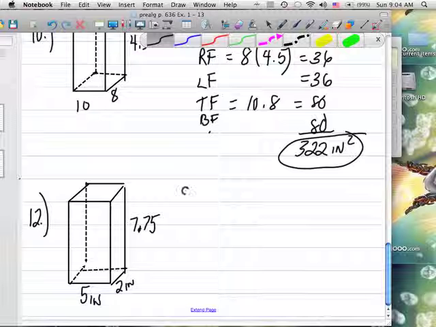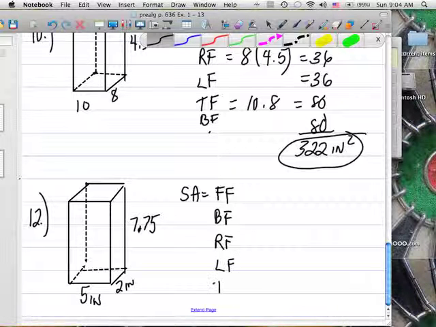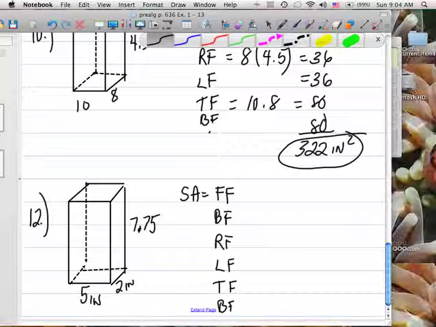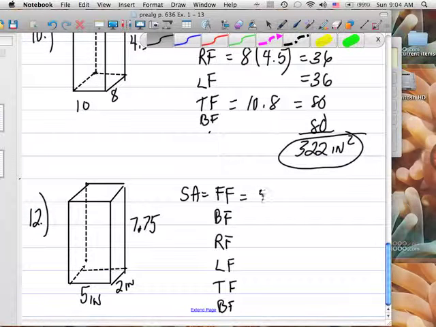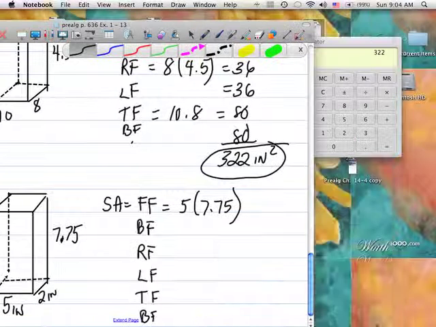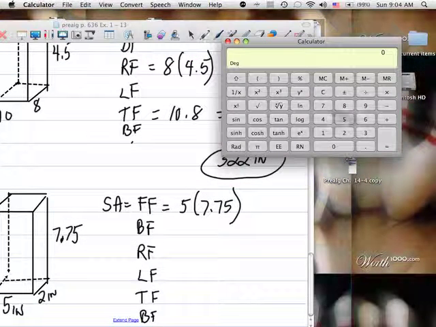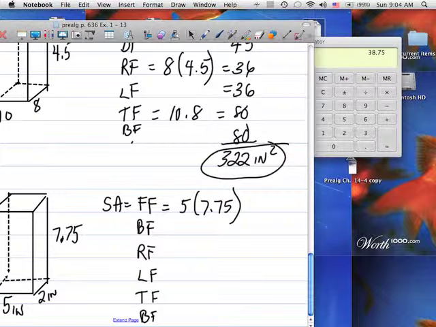So we have surface area is front face and back face, right face and left face, top face and bottom face. So the front face is 5 times 7.75, which equals 38.75.